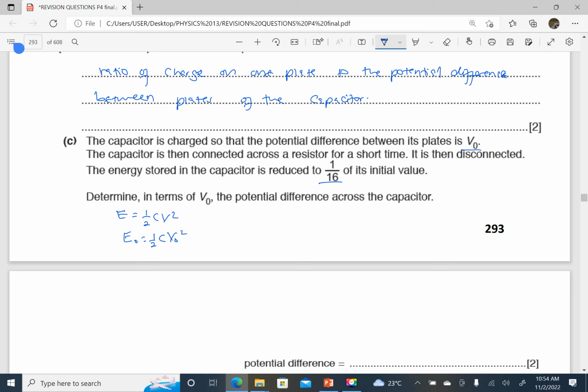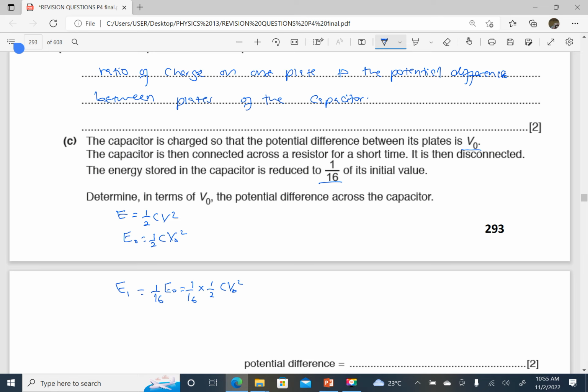Then the energy stored in the capacitor is reduced to 1/16 of its initial value. So the energy after discharge, E1, becomes 1/16 of E naught. That is 1/16 times a half C V naught squared.